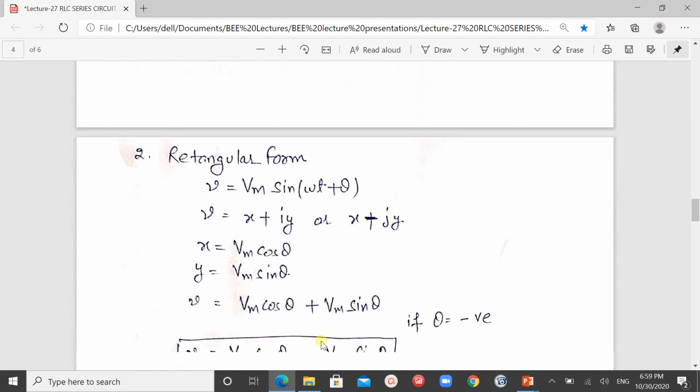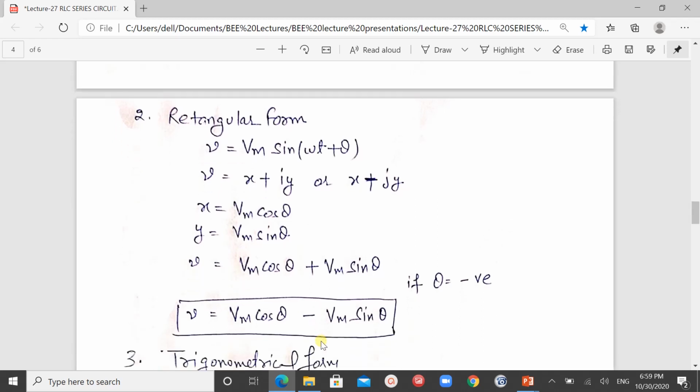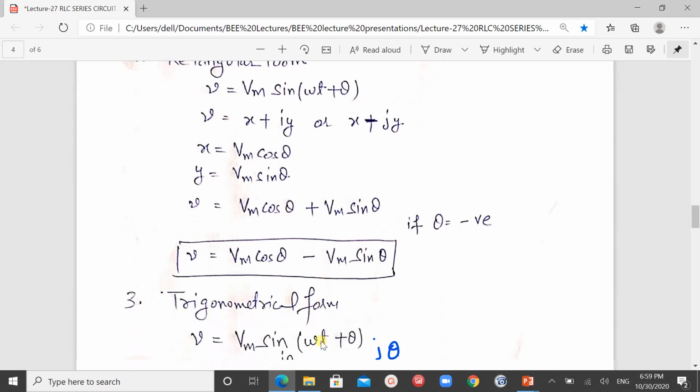In the rectangular form, we can put it as V, as we know V is equals to Vm sine (omega t plus theta), and V is equals to x plus jy, or x minus jy. Then x is Vm cos theta, and y is Vm sin theta.